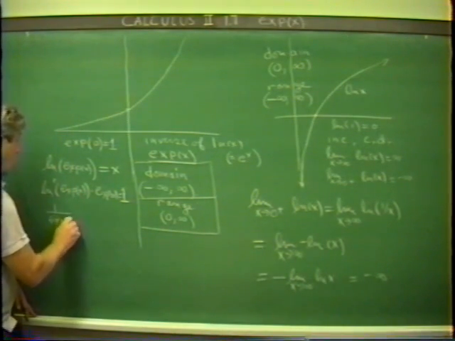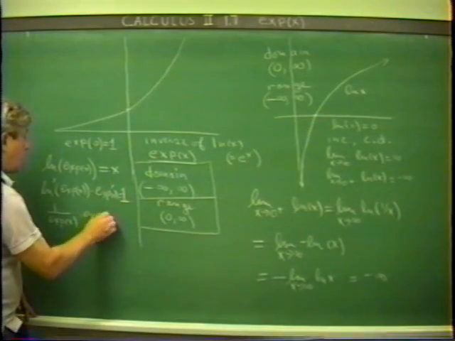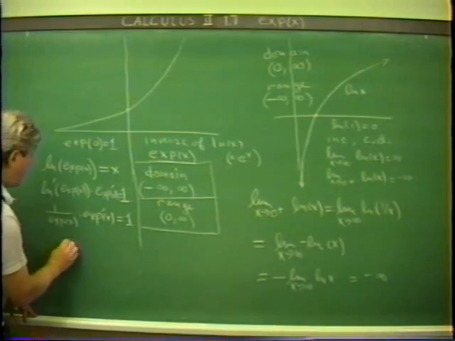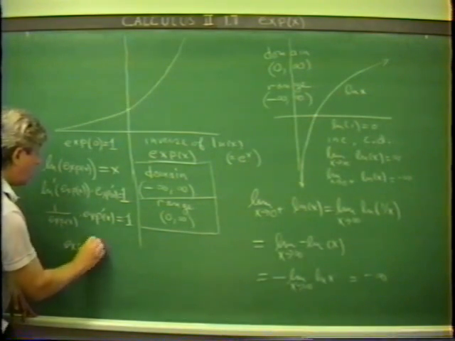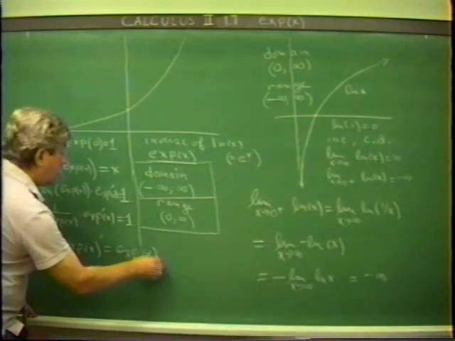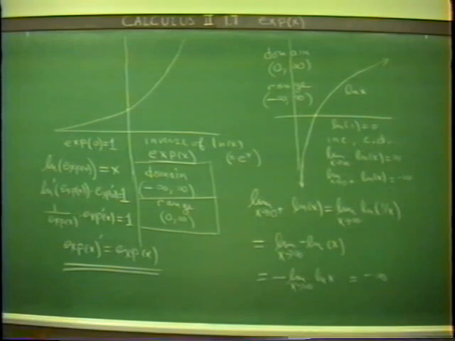The derivative of the logarithm, of course, is 1 over x, so this is 1 over exp of x times the derivative of exp of x is equal to 1. Or the derivative of exp of x is exp of x.